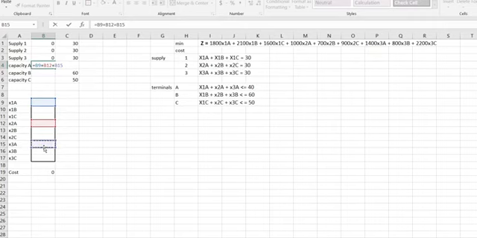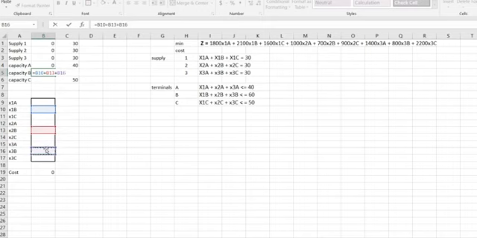That means all the stuff that goes to terminal A. The capacity for terminal B, so they're starting off in the warehouse and ending up in the terminals, is 1B plus 2B plus 3B.